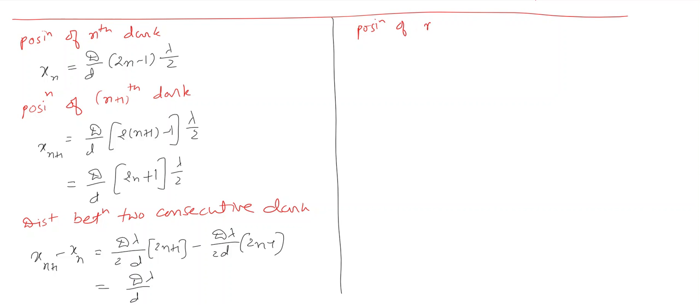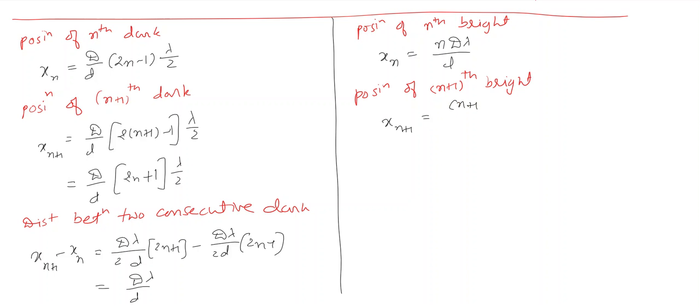Position of the nth bright fringe. How do I give the position of the nth bright? So xn is equal to n D lambda by d, and the position of the next bright, that is the n plus 1 bright, how do we express it? Let it be xn plus 1, that is n plus 1 D lambda by d.